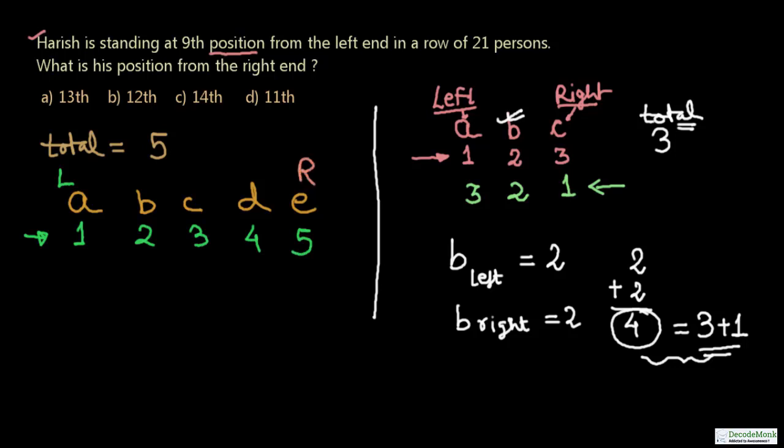Position from right end, E is the first person, D is the second person, C is the third person, B is the fourth person, A is the fifth person.